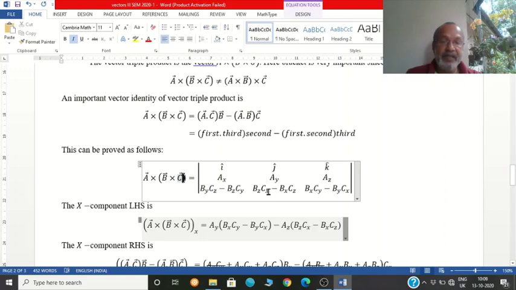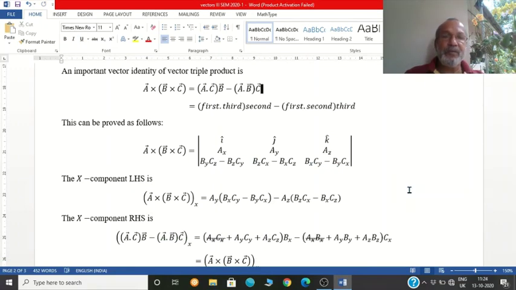And the next is J component. J component will be composed of Z and X components of B cross C. So that is BZ CX minus BX CZ in the cyclic way. And the last component is the K component or Z component. Z component will contain X and Y components. So in the cyclic manner, we will get BX CY minus BY CX.